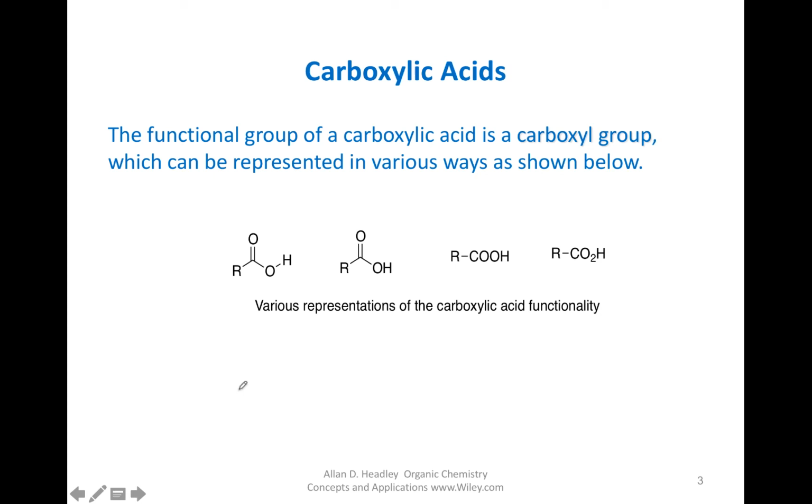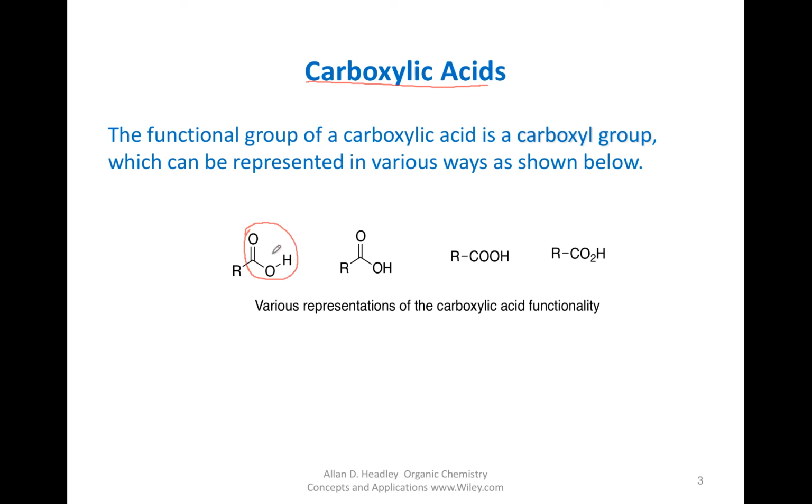Okay, let us start. So here we'll look at carboxylic acids and the nomenclature. But first of all, let's make sure we can identify carboxylic acids. Here is the functional group. Notice it's the entire carbonyl group, carbon oxygen double bond, and the O and H. So it's not really a ketone and an alcohol.